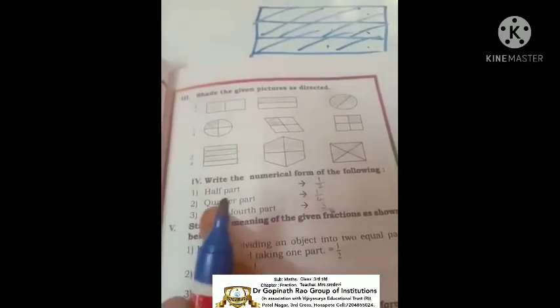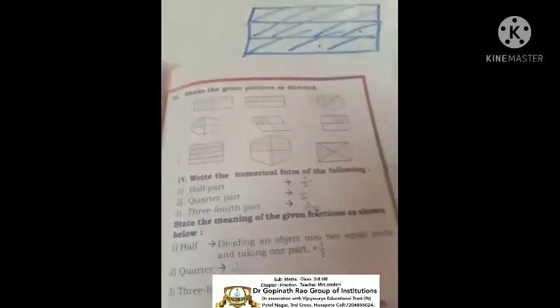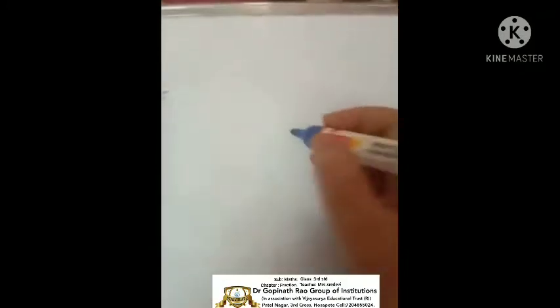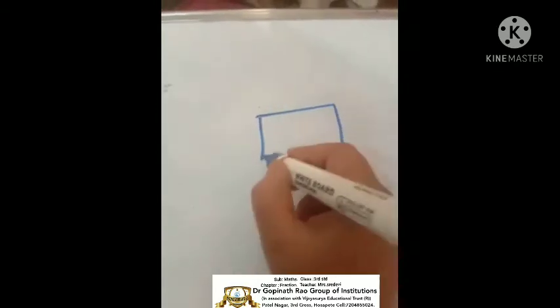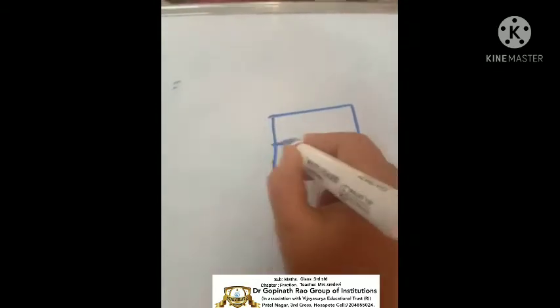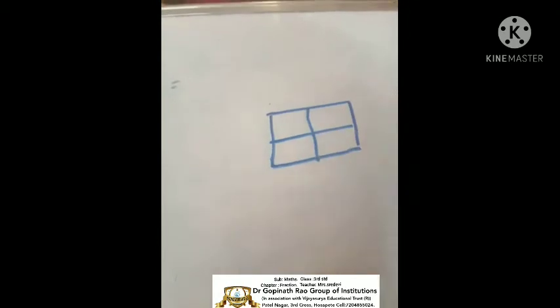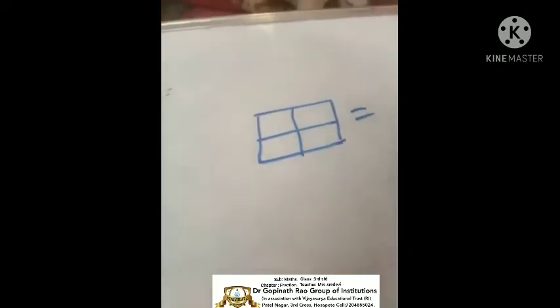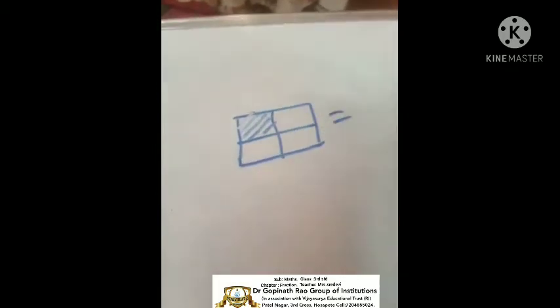Next one, this is quarter part. How is quarter part? We'll take a square and divide it into 4 equal parts. One part will be shaded.